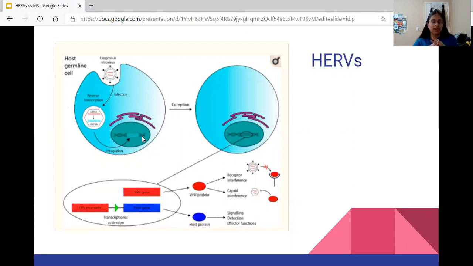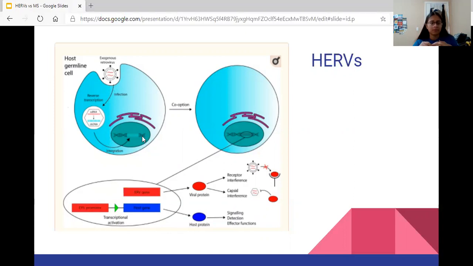However, in certain cases, if the virus infects a germline cell, meaning a sperm or egg cell, then potentially viral DNA could be passed down onto the offspring. And that has actually happened multiple times throughout human history, right?